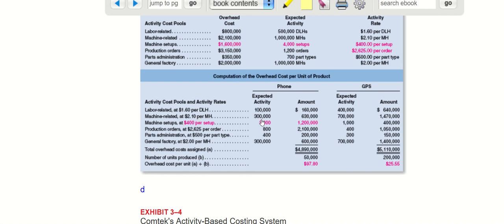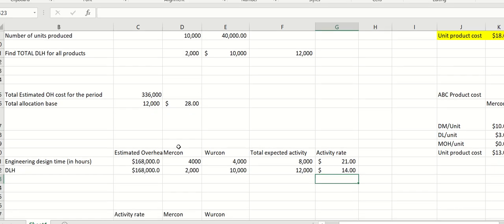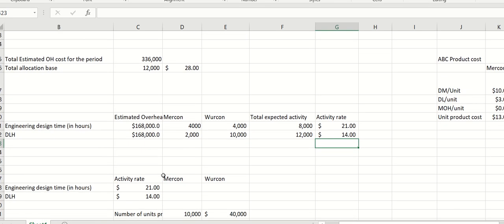We'll multiply it by the expected activity for product 1, the expected activity for product 2, and divide out our manufacturing overhead in total. I just referred to these cells over here. I moved them down. This is our activity rate for engineering and direct labor hours.